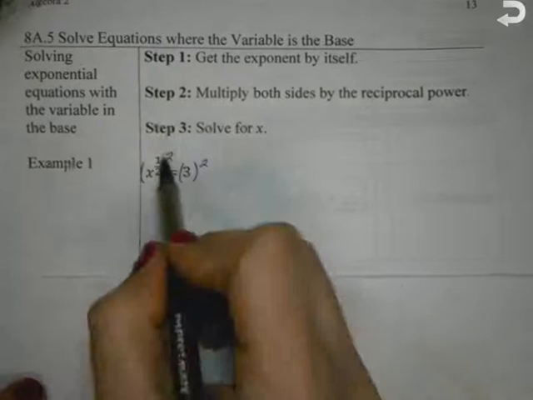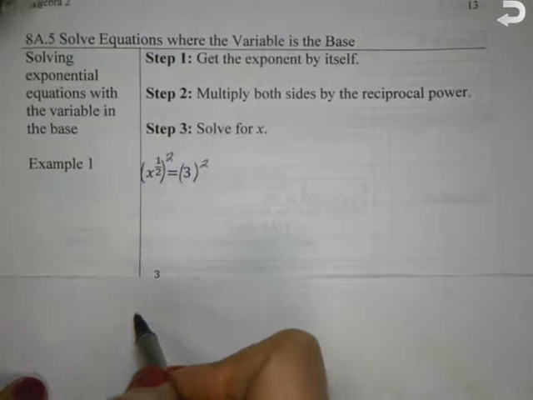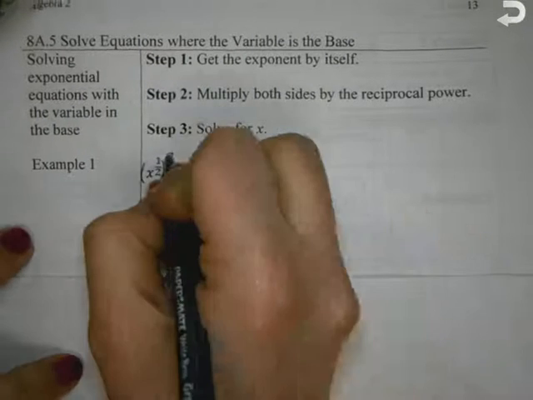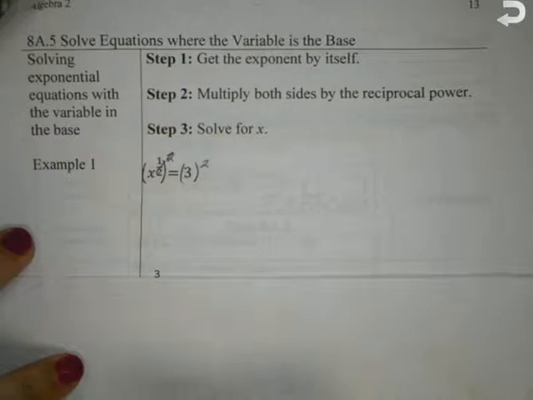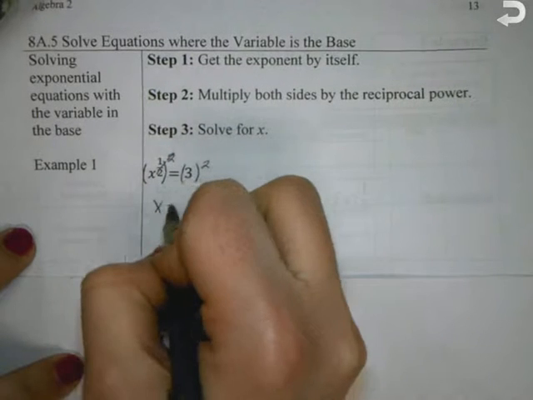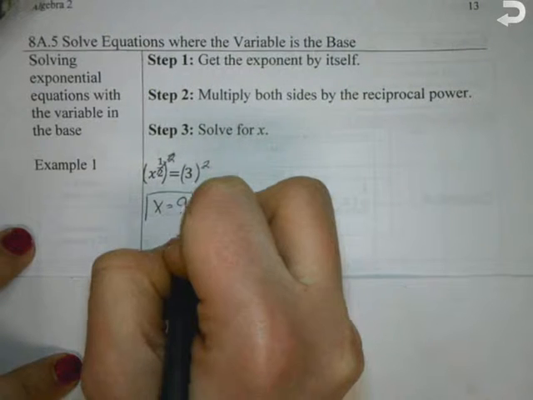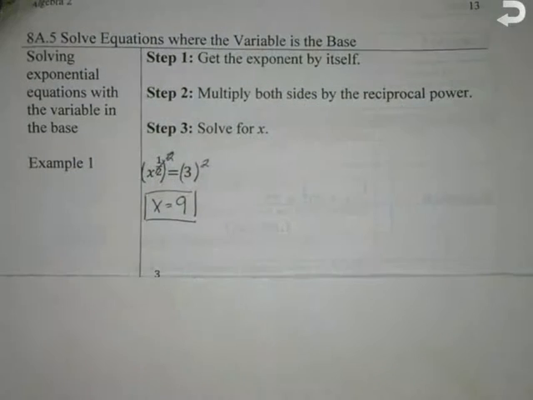You multiply them. So 1/2 times 2 turns into just a 1, right? So they cancel out. So this is now x equals 3 to the second power, which is 9. Not too bad, right?